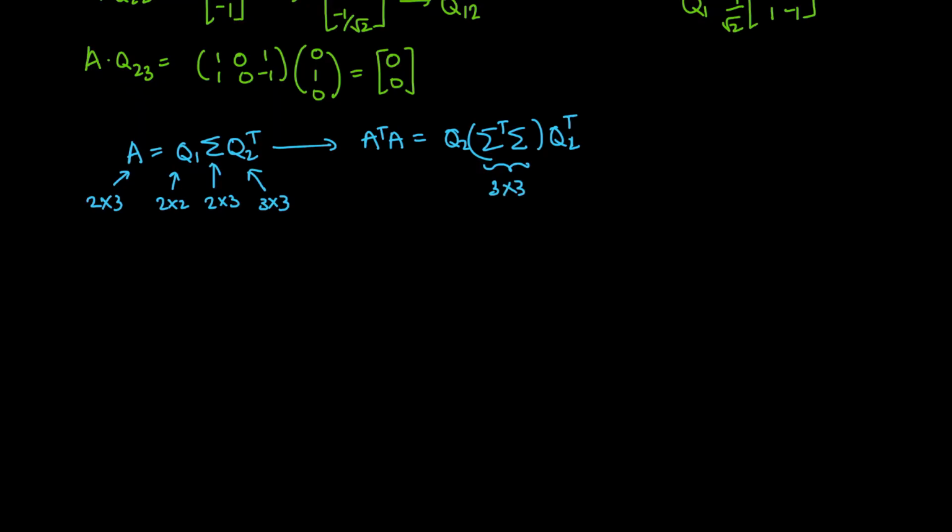And since Q2 and Q2 transpose are the eigenvectors of A transpose A, this is nothing but the diagonalization of A transpose A. Let's see why this is true.